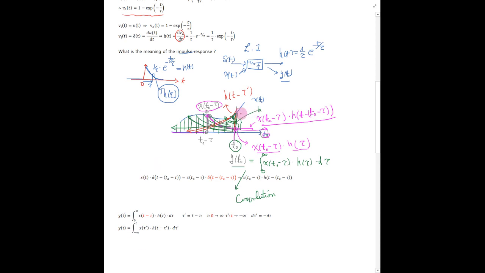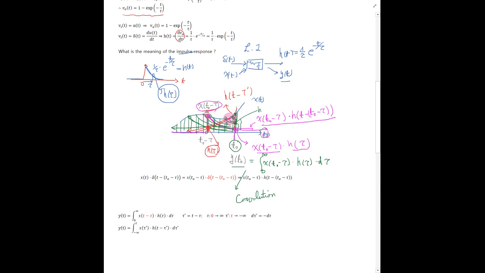So we can multiply the input with the scale factor, input scale factor times h(tau). At this moment, you can see that t minus tau prime is tau, so this one is actually h(tau). So h(t0 minus tau) is scaled by this much.